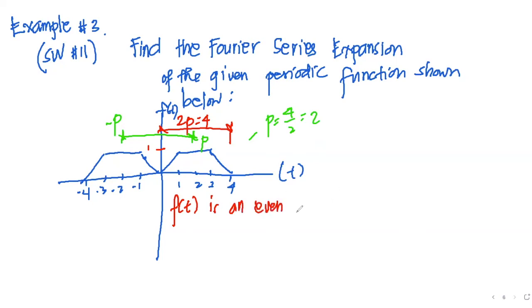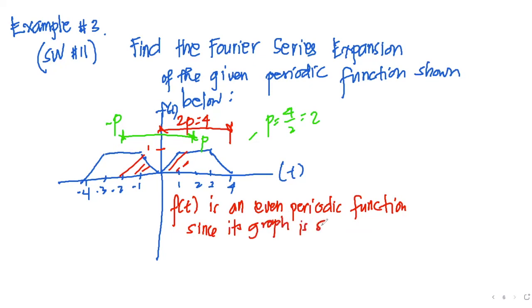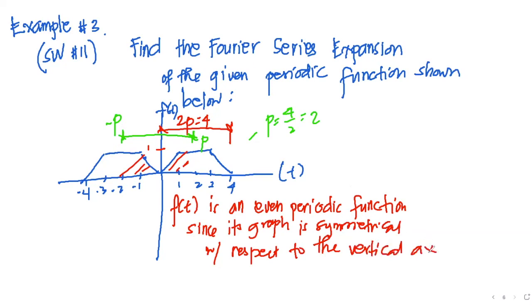So you write a note here. F of t is an even periodic function because the graph is symmetrical with respect to the vertical axis. So in this case, if the given periodic function is even, one Euler constant is equal to 0.